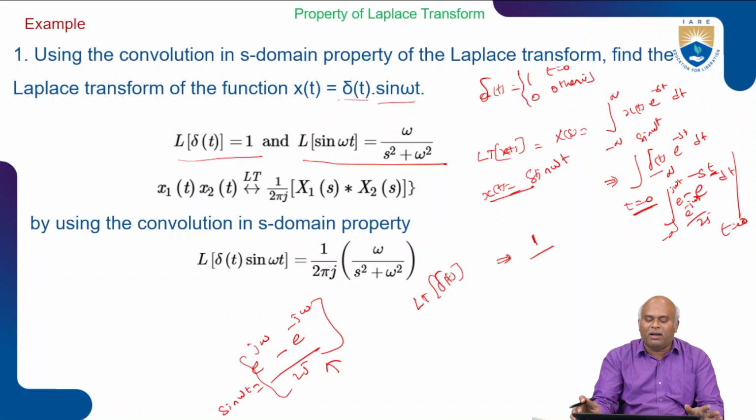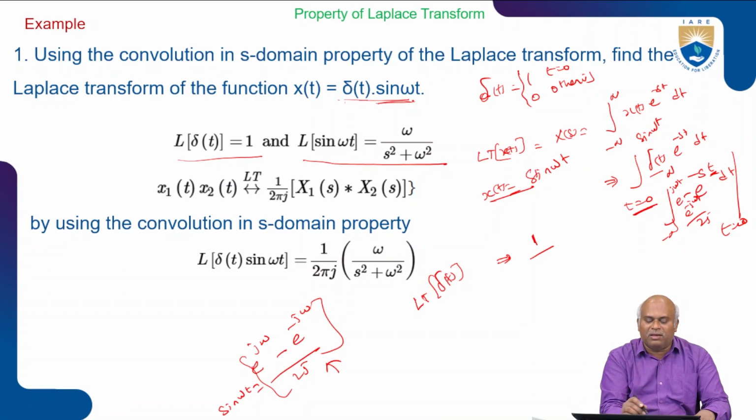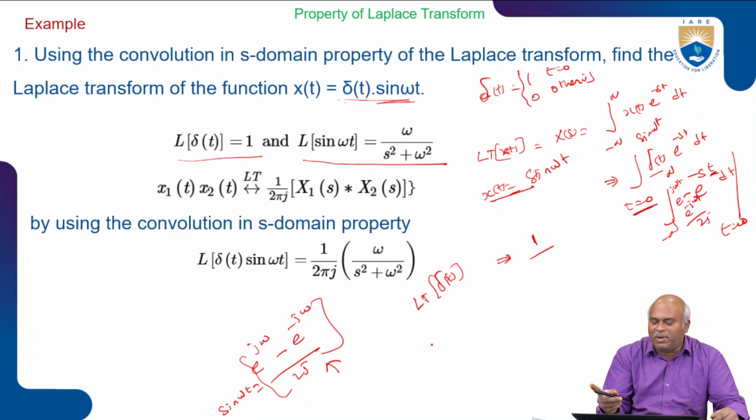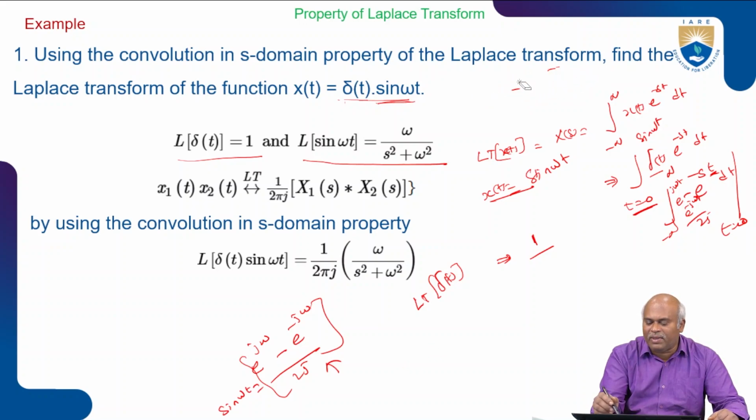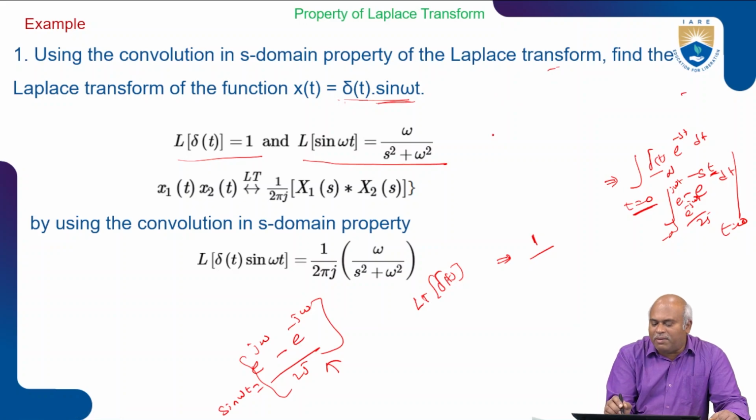Now we have the two signals, and both signals will be multiplied. Now I should write the Laplace transform of the multiplication of two time signals, represented as the Laplace transform of delta of t into sine omega t.